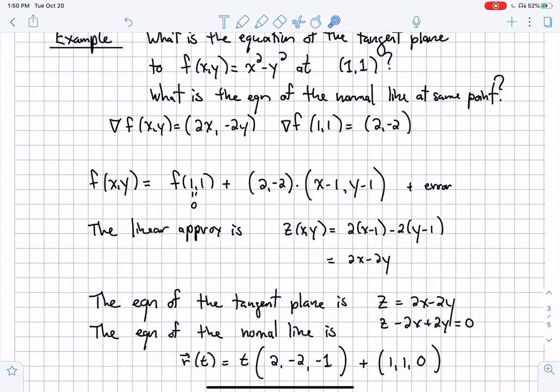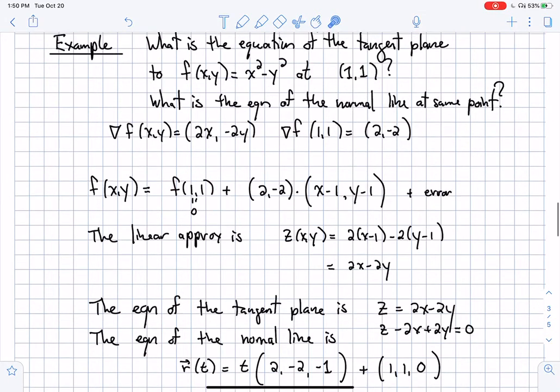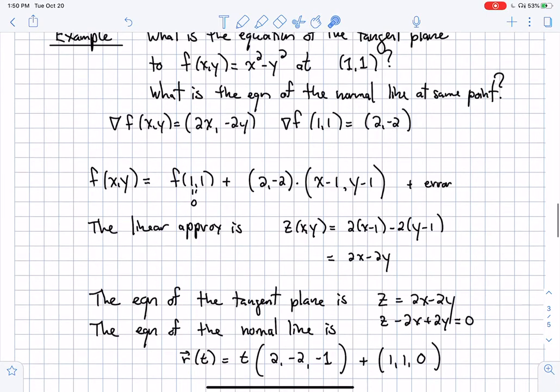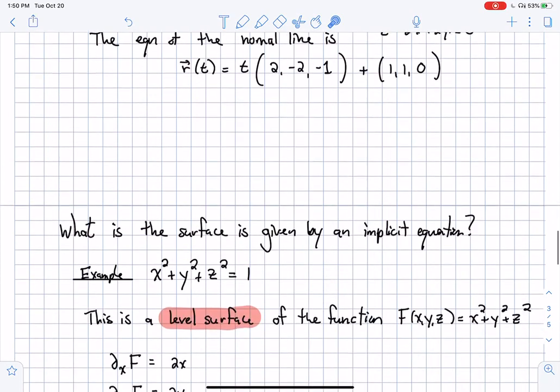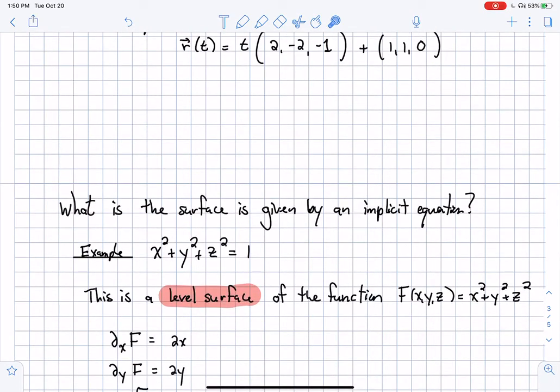So the normal line is all the multiples of that normal vector to the plane, plus the reference point, which is 1, 1, 0, because x, y is 1, 1, and z is 0. Okay? So that's the equation of the tangent plane and of the normal line. Okay. Last thing, we'll do more examples.